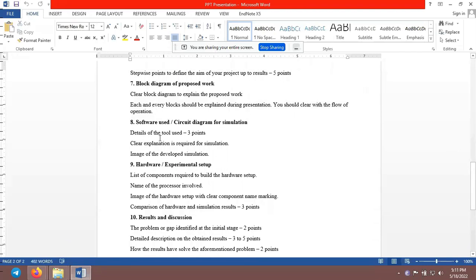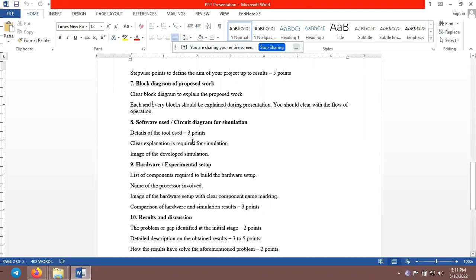Next one is software used. Some of the students have implemented their project in Arduino, Proteus, MATLAB. You should explain about the software, what tools were used, how you used them, and what types of subplots you have used. These things should be here.